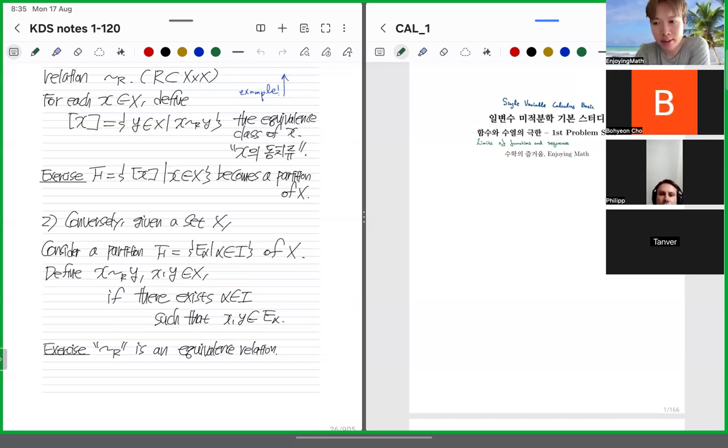Is that the context in which you wanted to use the terms at least and at most? Yeah, that's the meaning I tried to assign.